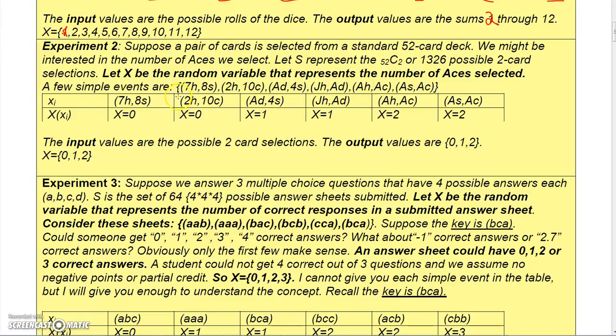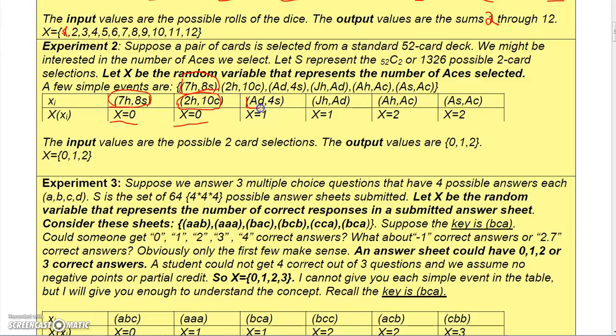So let me just randomly pick some 2-card hands. Let's say you get the 7 of hearts and the 8 of spades. Well, since the random variable represents the number of aces in the hand, the random variable would equal 0. If you plug this in, again, the random variable would equal 0 because there's no aces.